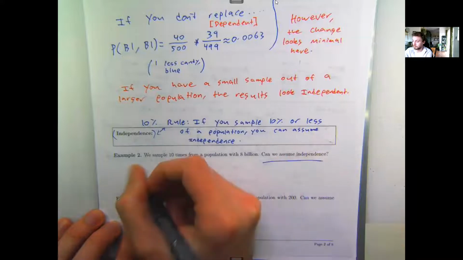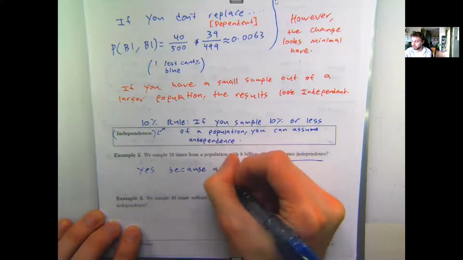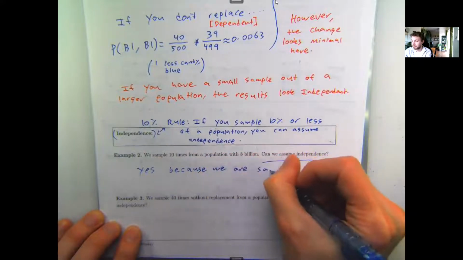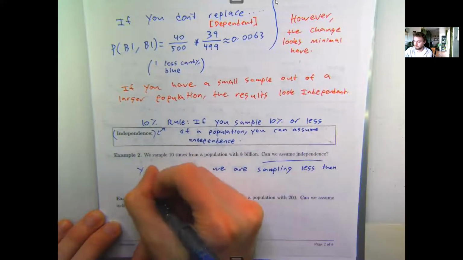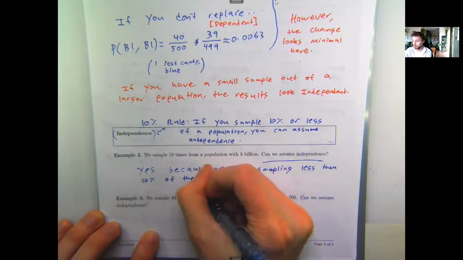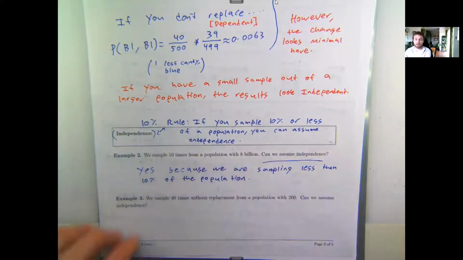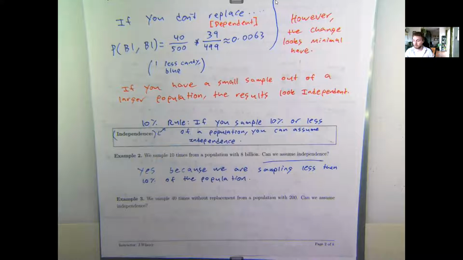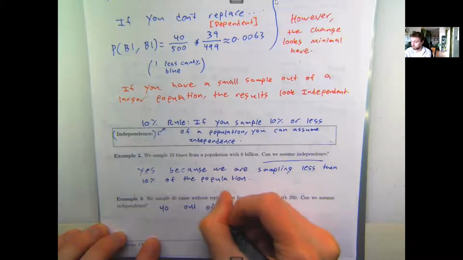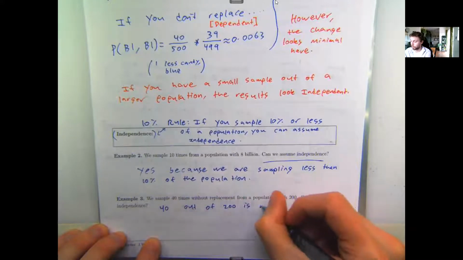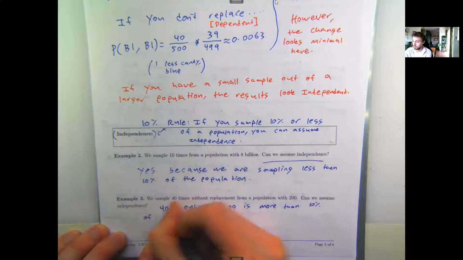We can assume independence because we are sampling less than 10% of the population. On the flip side, let's say you sampled 40 times out of 200. Well, this 40 out of 200 is more than 10% of the population.